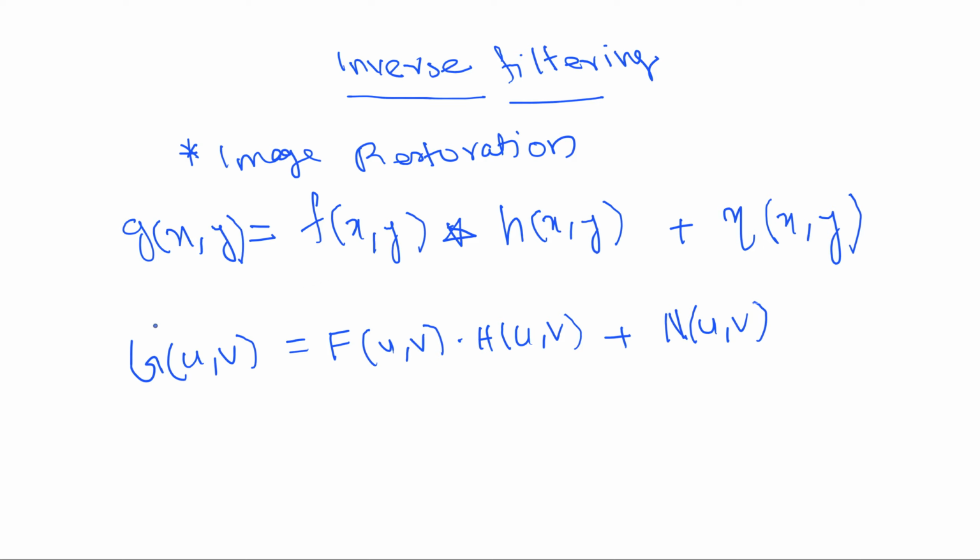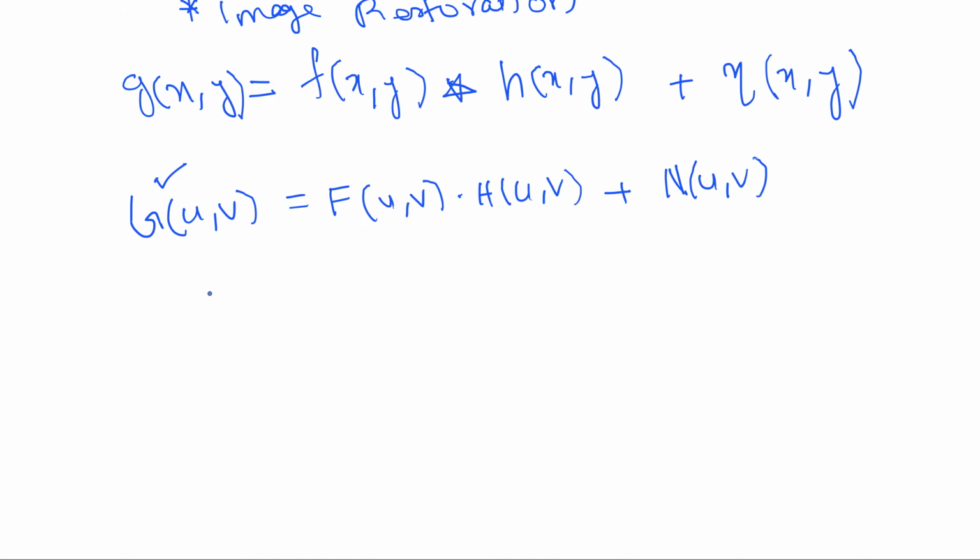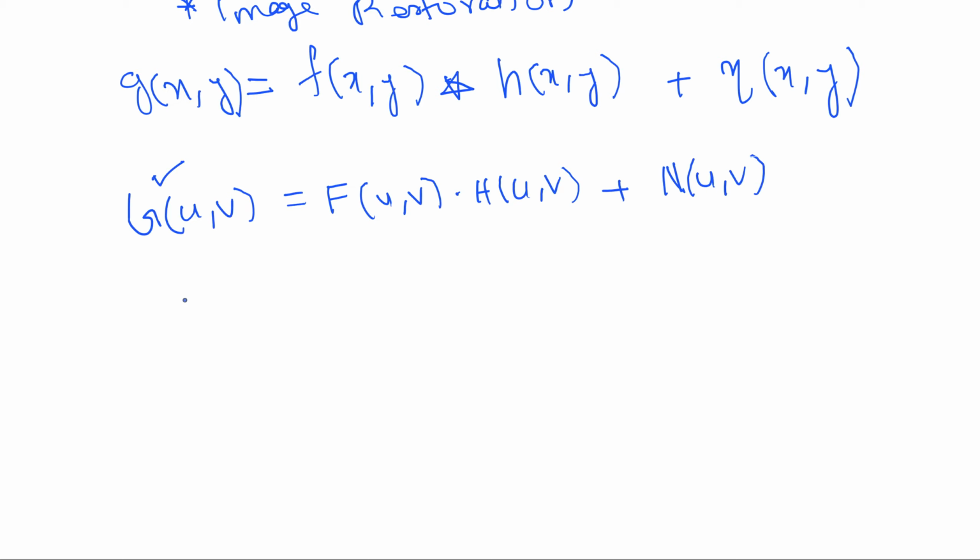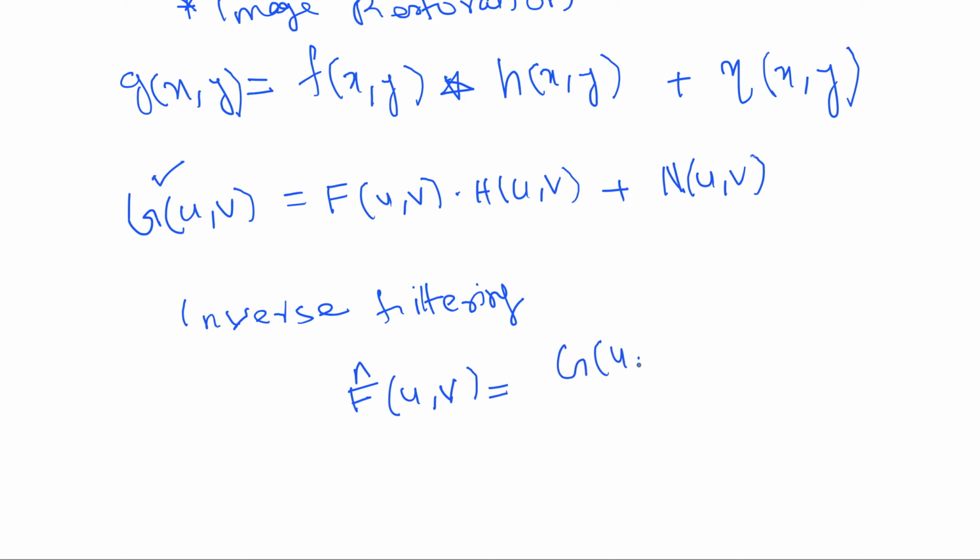So we have the degraded image g of xy and its Fourier transform g of uv, and according to inverse filtering, we can find the estimated image, or its Fourier transform f hat of uv, just by taking the degraded image and dividing it by the degradation function.